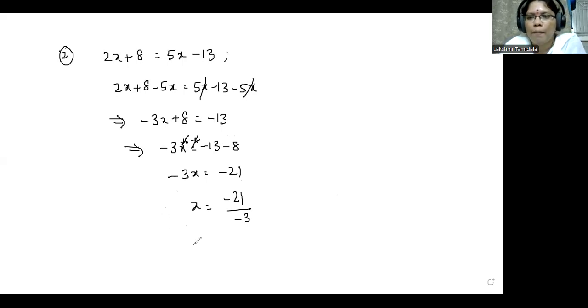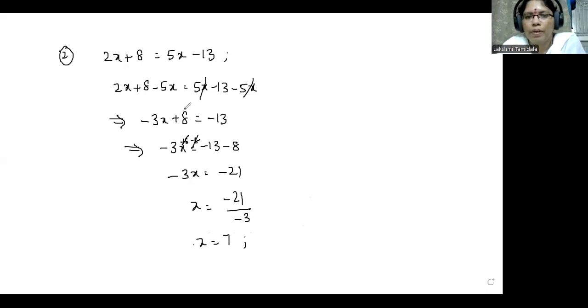As this is a time-based test, we need to skip some of the steps and write the answer directly. And for some, we have to perform mental math, meaning we do some calculations in our mind and get the solution. This is x = -21/-3 = 7.